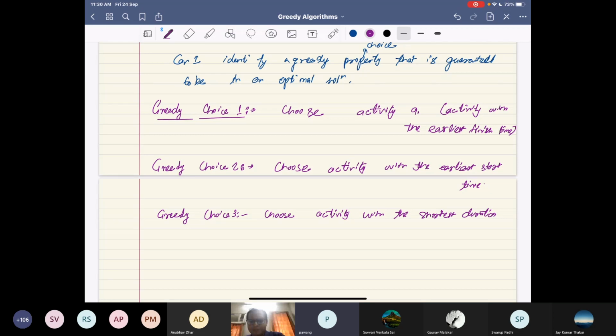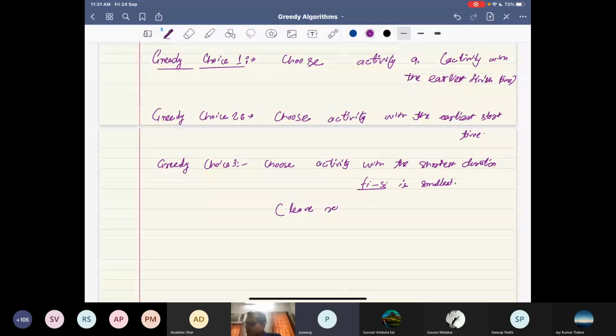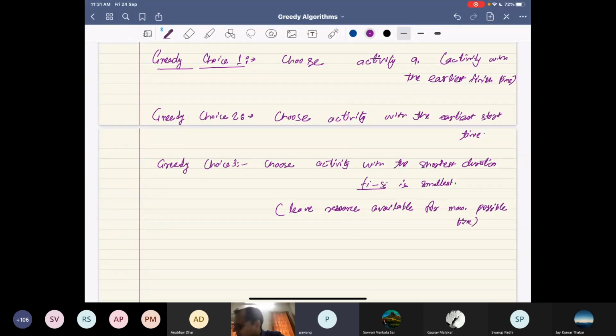I don't want a 1.5 hour lecture to take up the room. So that means Fi minus Si is smallest. Makes sense. So leave the resource available for the maximum possible time. Anything else? We have 3 choices.